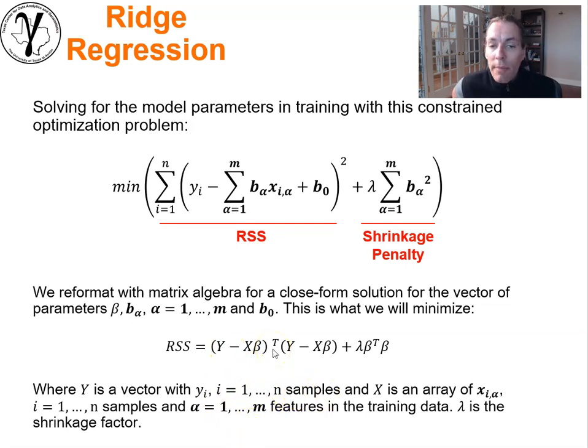The x will be a two-dimensional array with, for every one of our samples, i equals 1 through n, all of our predictor features alpha equals 1 through m. We will have all of our training data. Lambda is going to be our shrinkage factor, and once again, beta is going to be a vector with all of our coefficients that we're trying to fit. So this is the same as that in matrix notation.